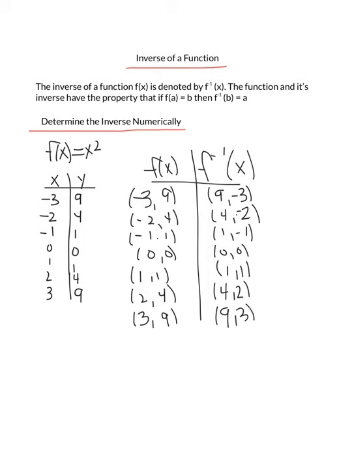Now, if I were to draw a graph of this, I'll just draw my axes in here. I have my original function. This is going to be a really rough sketch, by the way.